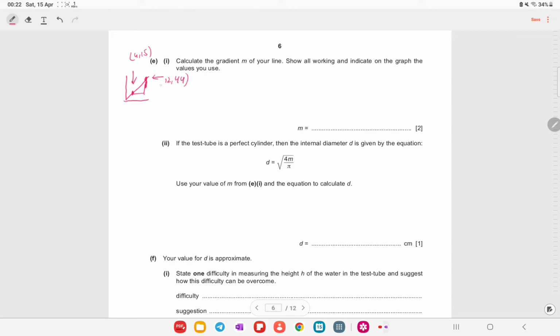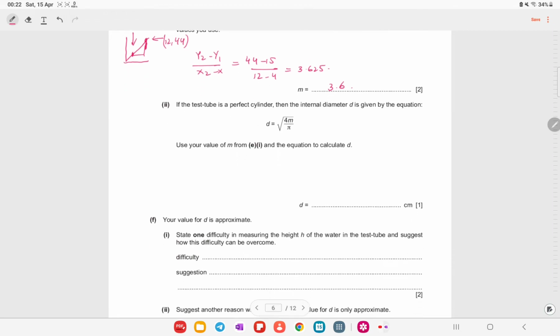So if you take the gradient, you must know the formula of gradient is y2 minus y1 over x2 minus x1, which is going to be 44 minus 15 upon 12 minus 4, which is 3.625. So you can round it off to 3.6.